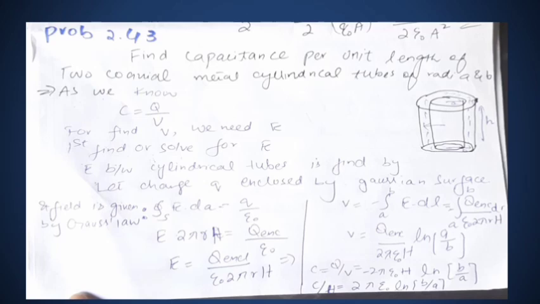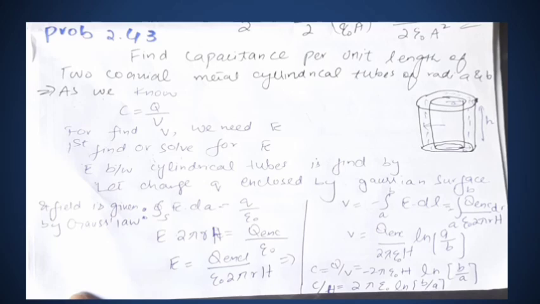So we first solve for E, the electric field. Let charge Q be enclosed by a Gaussian surface. We imagine a Gaussian surface around the tubes and calculate the value of electric field.